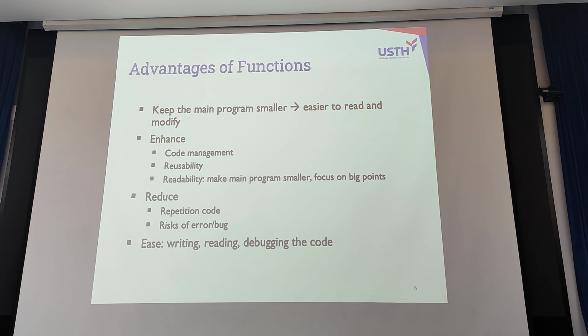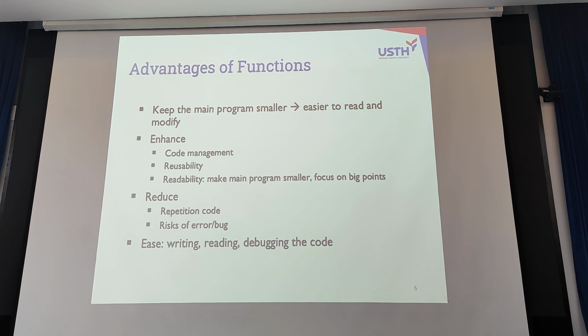What code repetition? For example, to compute the factorial of a number. If you want to compute the factorial of 3, for example, you have to multiply 1 by 2 and then multiply by 3.